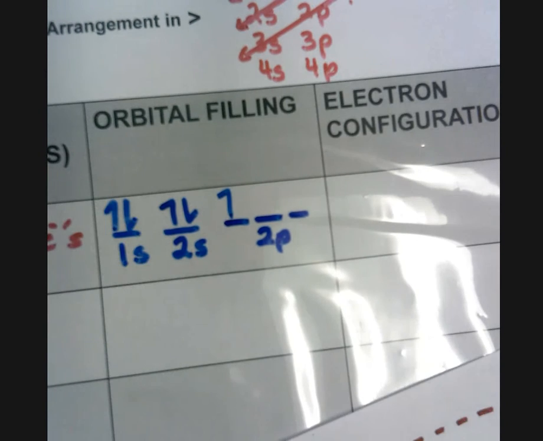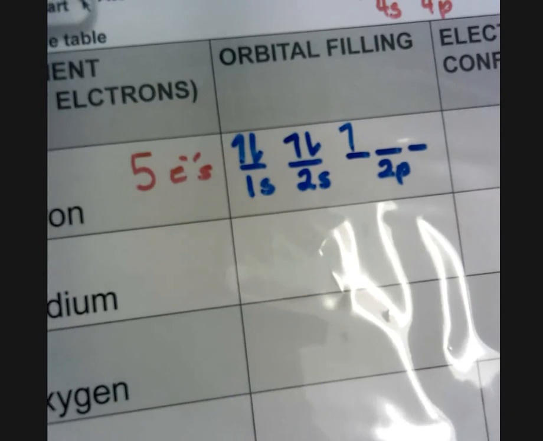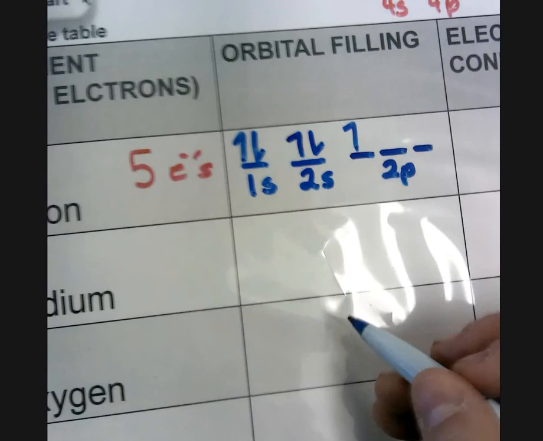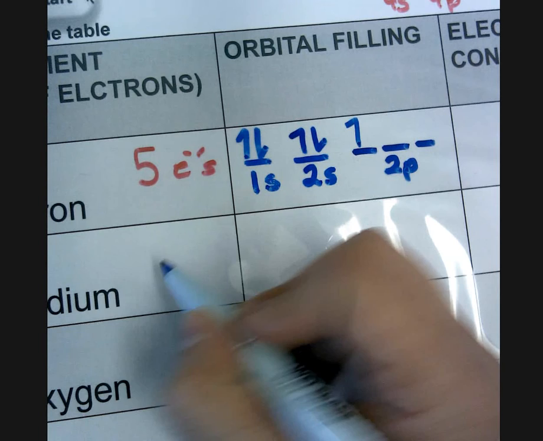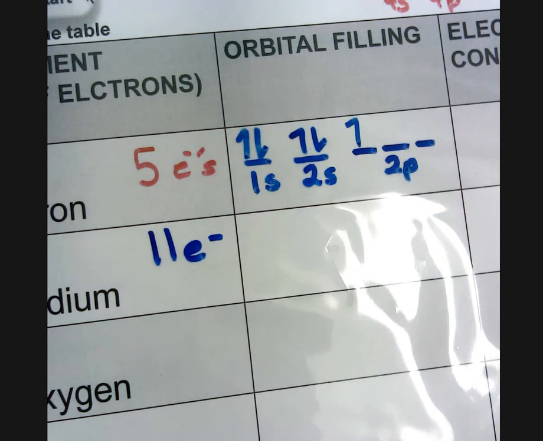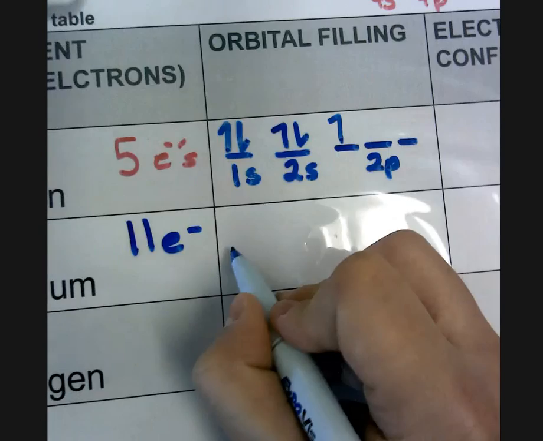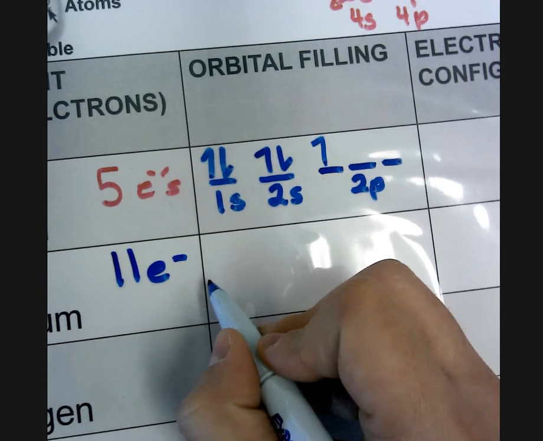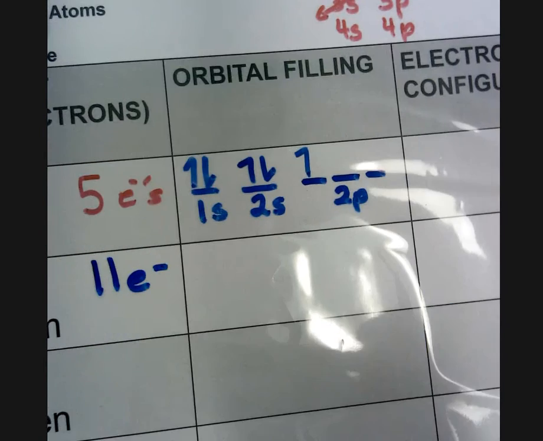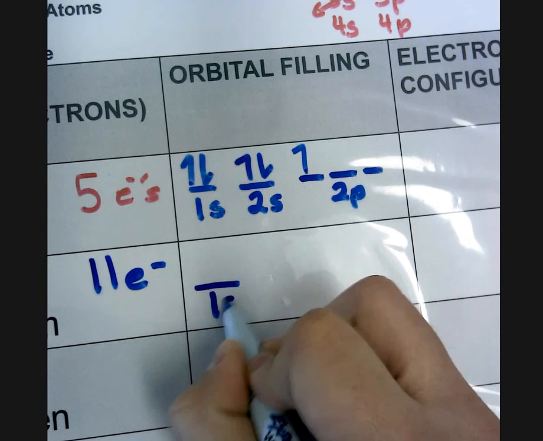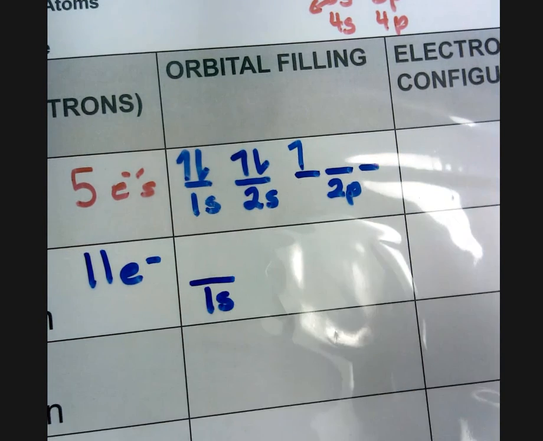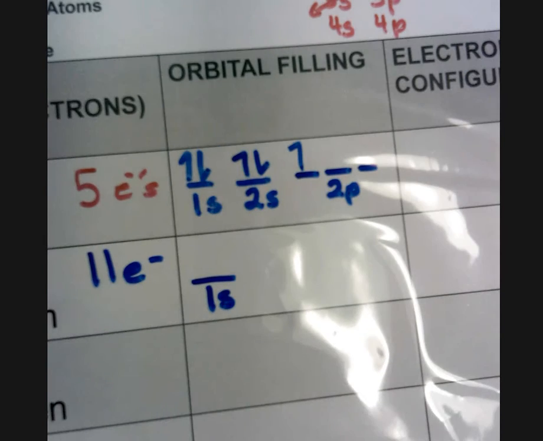Okay, now sodium. Let's do sodium. Sodium has how many electrons? 11. All right, so now we're going to do it again. We start from the lowest energy, which will always be the 1s. So we put 1s and one line to represent that s only holds one orbital.